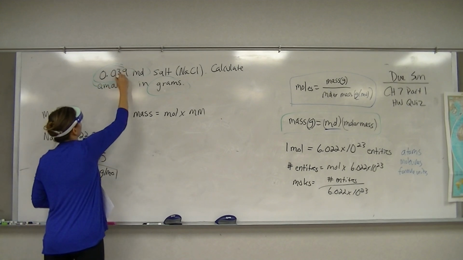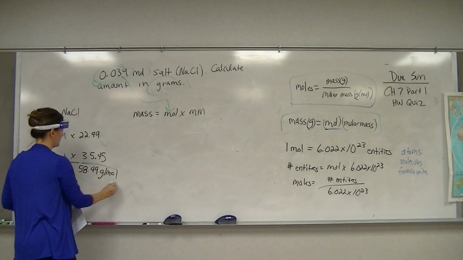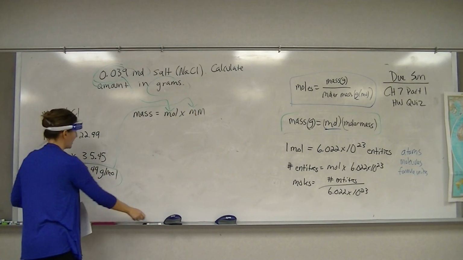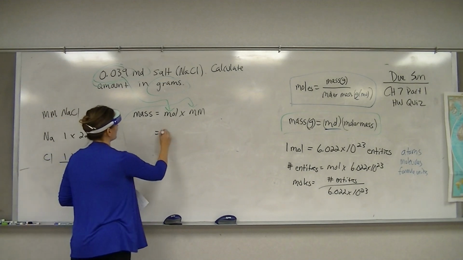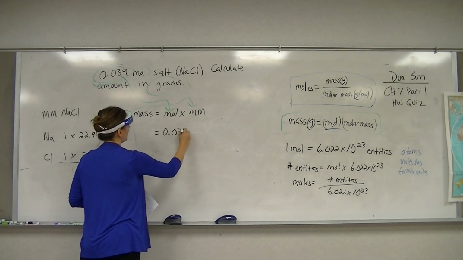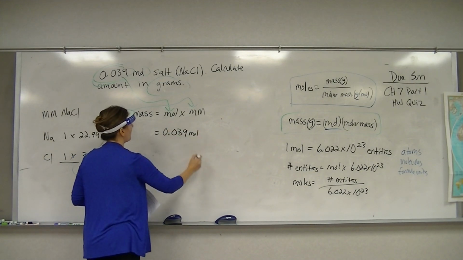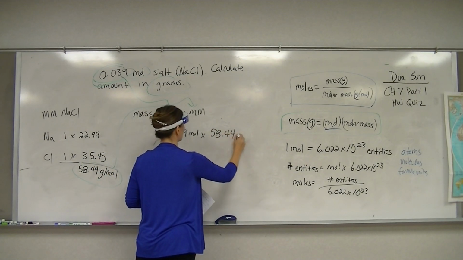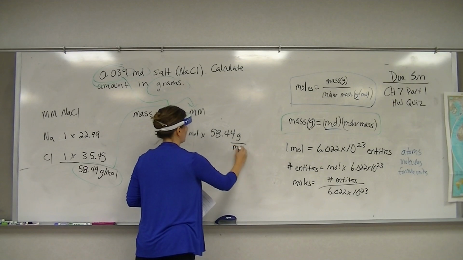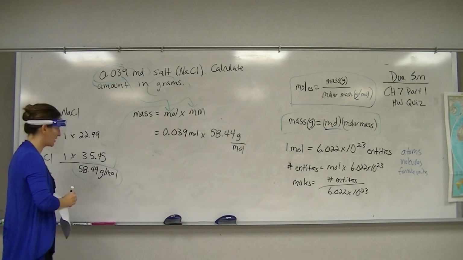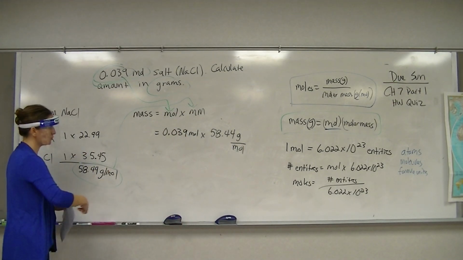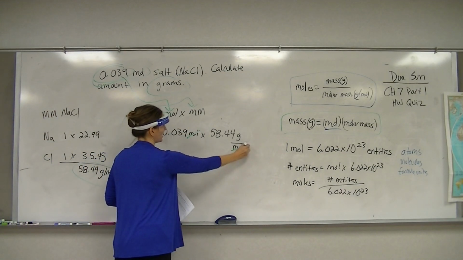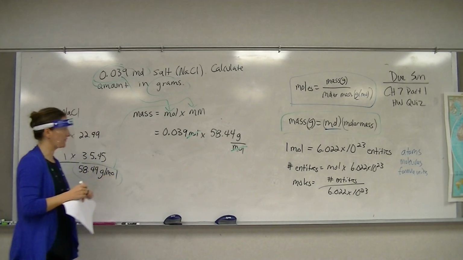So this guy goes here, and this guy goes there. So we're taking 0.039 moles multiplied by what we just calculated. That's grams per mole. I'm just showing the unit so you can see that the reason we're multiplying moles times molar mass is so that the moles cancel and our units that are left are grams.